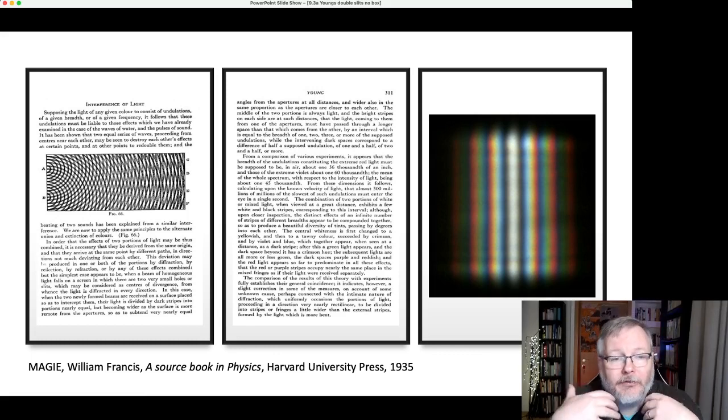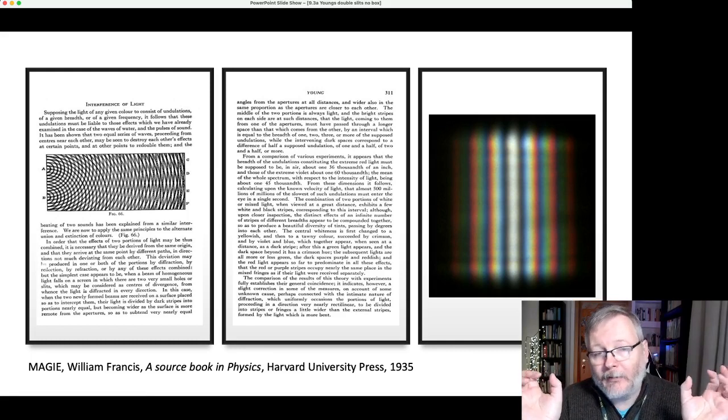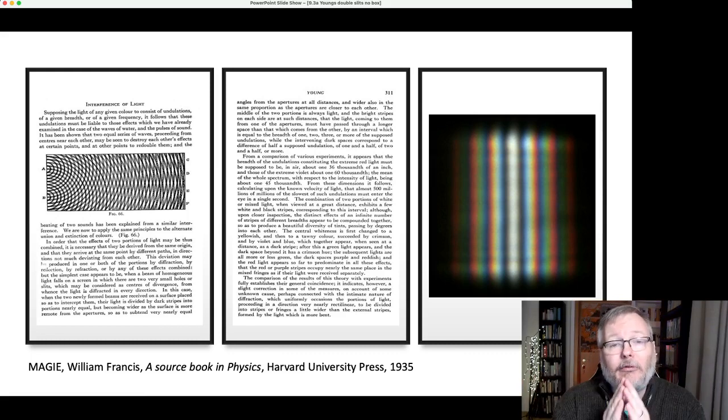So the idea is that the light spreads out from these holes. When they are received on a surface placed to intercept them, in other words a screen, their light is divided by dark stripes into portions nearly equal, but becoming wider as the surface is more remote from the apertures, so as to subtend very nearly equal angles from the apertures at all distances. So yes, the bands get slightly wider as you get further out because of the geometry, but the actual angles are pretty much equal.